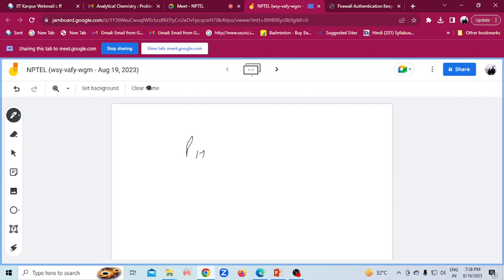So suppose when organic matter is fermented, it will produce HCO3 minus plus fatty acid. Due to the development of these species, the pH will decrease.